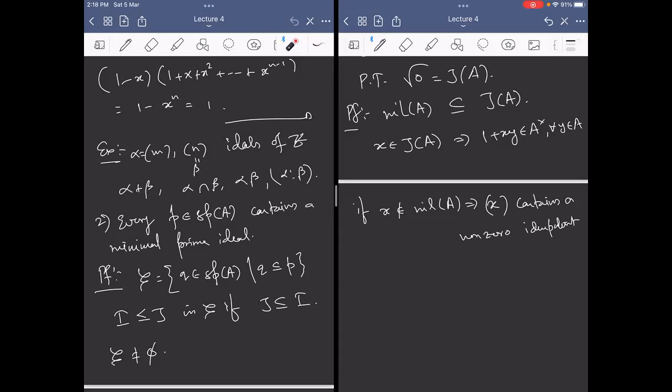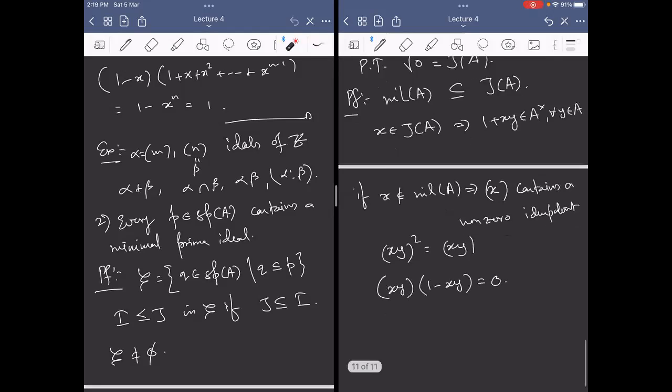So you have some y such that (xy) squared is equal to xy. Okay. That means xy times (1 minus xy) is equal to 0.